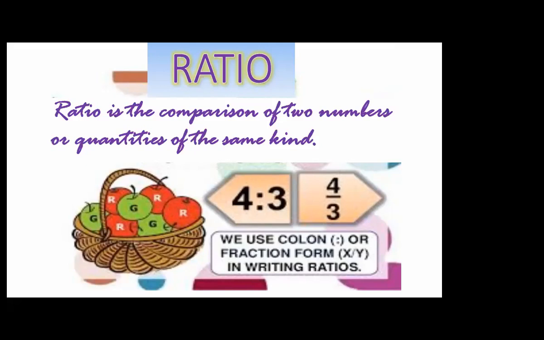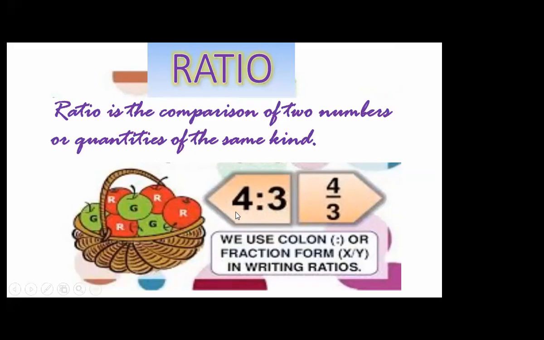For example, here I am comparing the number of apples, I can compare it with the number of mangoes also. But I cannot compare the number of apples with any other quantity. For example, I cannot compare it with the speed of a car, right? So students, here we have to check that the quantities must be of the same kind.